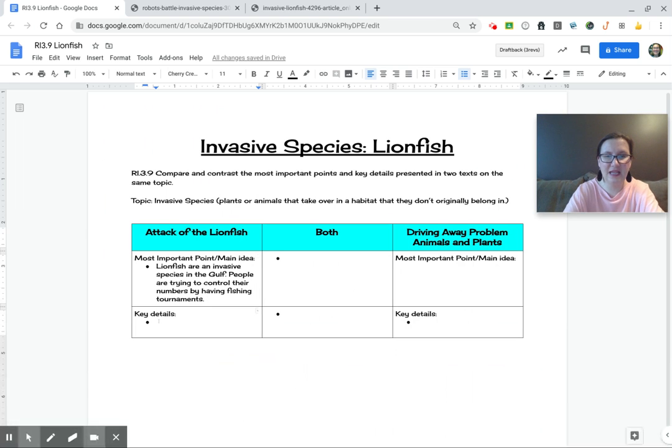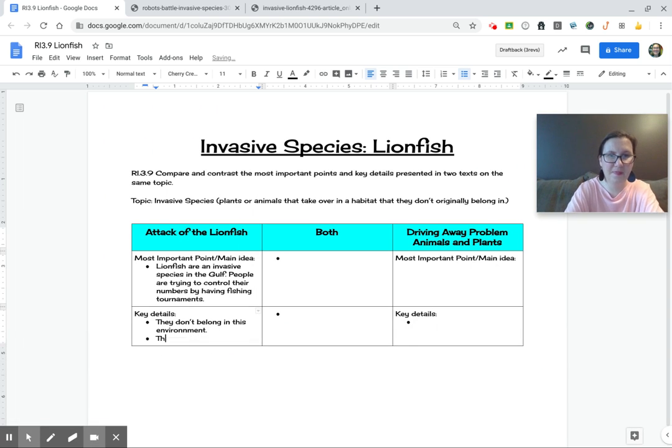We can say they don't belong in this environment. They have lots of babies. And we can also say they don't have any predators, or any natural predators anyway.